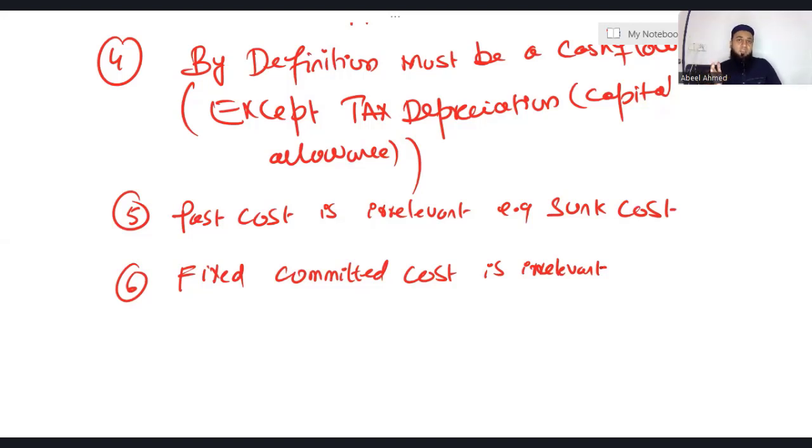So the committed fixed cost will be incurred in the present as well as in the future, but still it is irrelevant because you made the commitment in the past. Let me explain again: committed fixed cost is irrelevant. The example is a business premises which is already on rent.